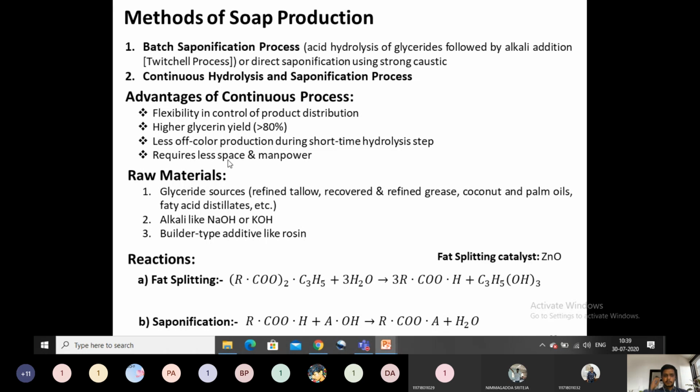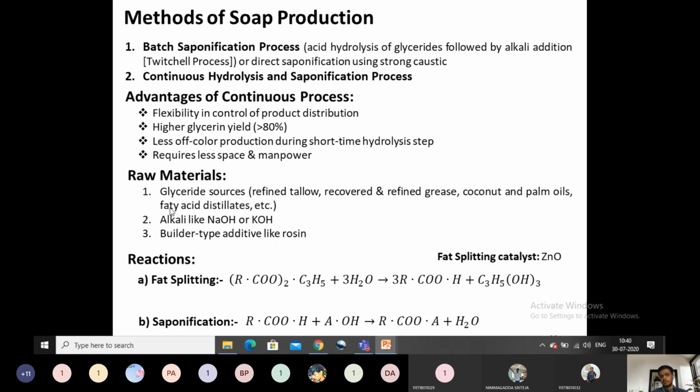Okay, in the continuous hydrolysis and saponification process, the raw materials required are the glyceride sources. Glyceride sources can be any type, like oils or fats. For example, in the fat range, refined tallow we can use, and recovered and refined greases we can use from the non-edible sources. As edible sources, coconut oil and palm oils can also be used, or we can directly obtain the palm fatty acid distillates or coconut triglyceride distillates.